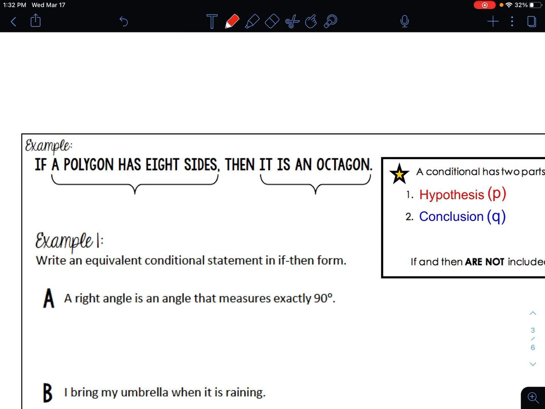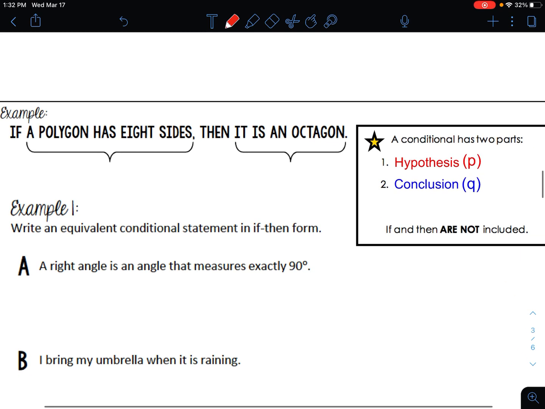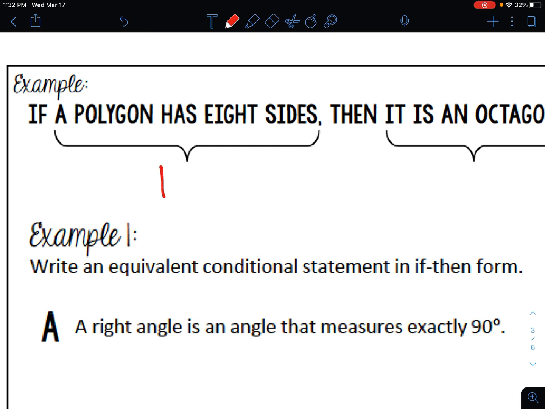If a polygon has 8 sides, then it is an octagon. What we want to do is locate the hypothesis and the conclusion. We said above the hypothesis follows the if. That's the hypothesis.